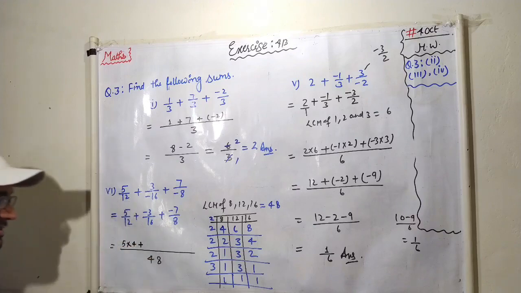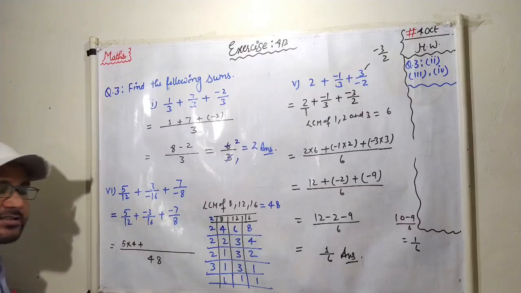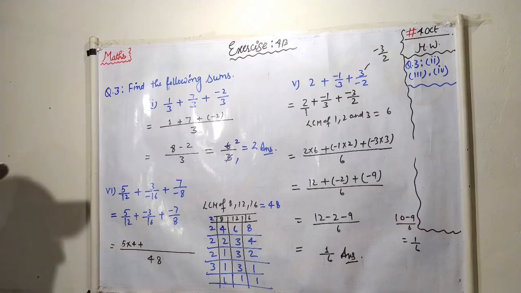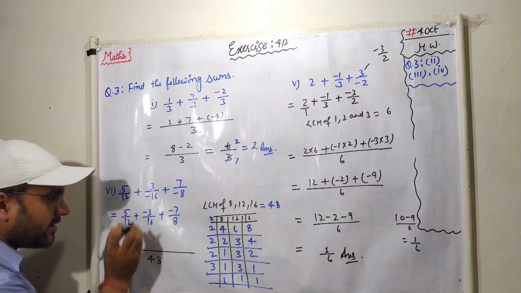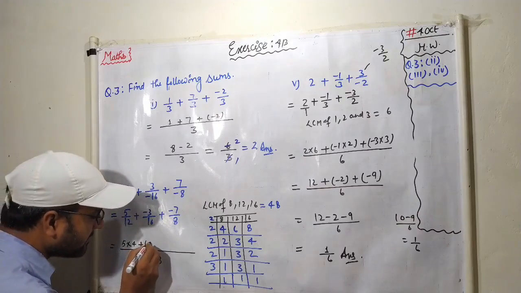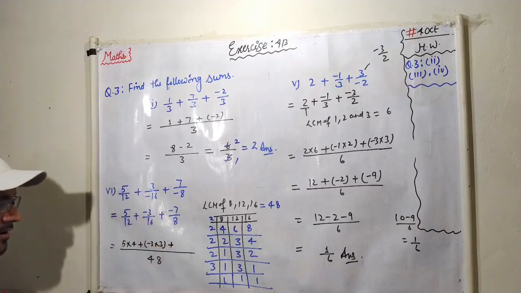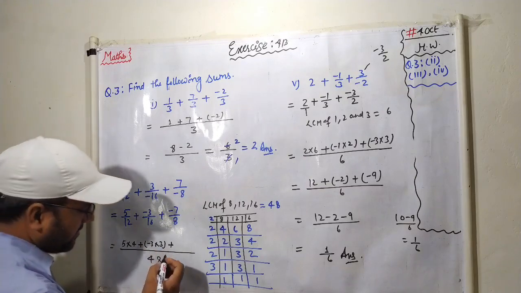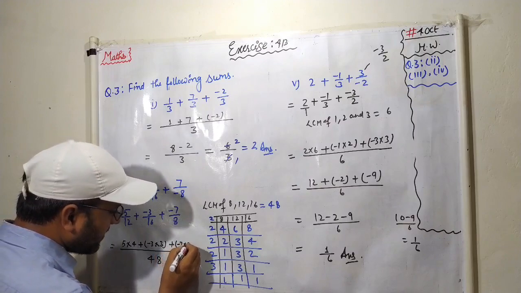Plus, same as it is, 48 divided by 16. What will you get? 3, and 3 is multiplied into minus 3. And plus, if you divide 48 by 8, what will you get? 6, and 6 is multiplied into minus 7.